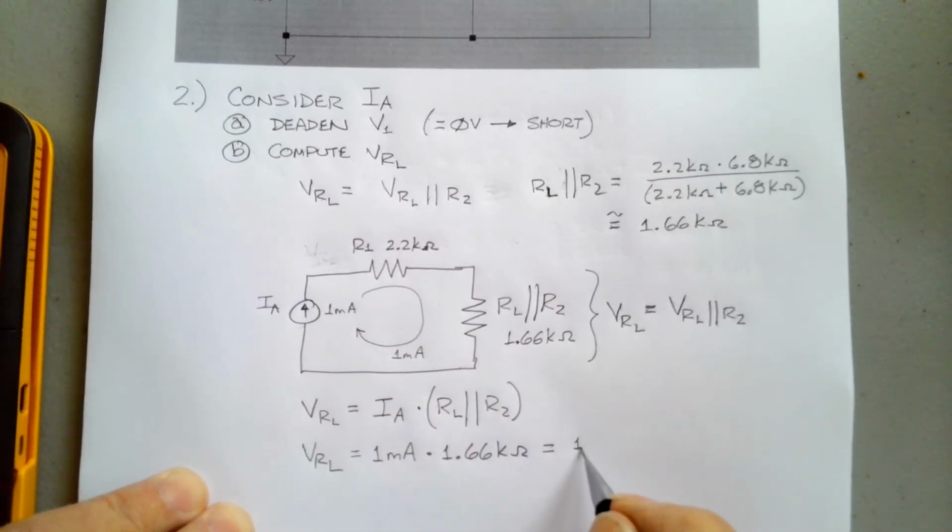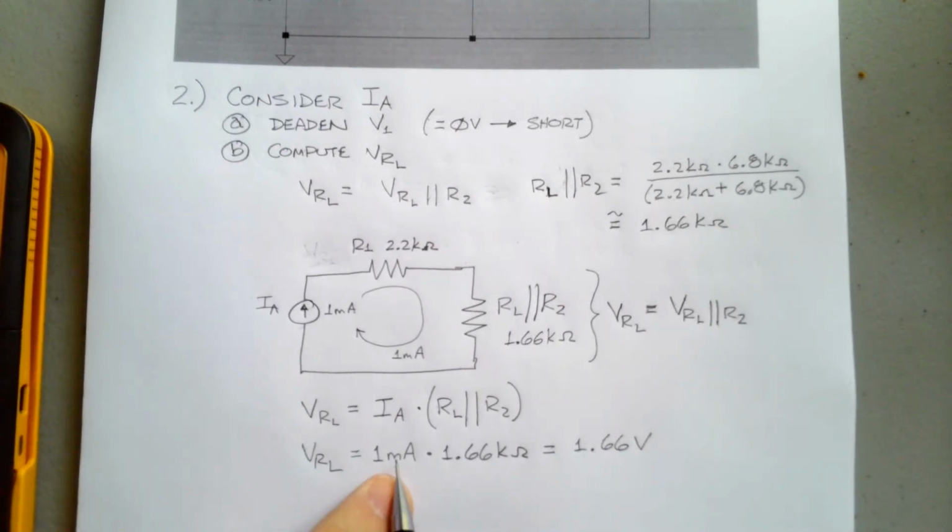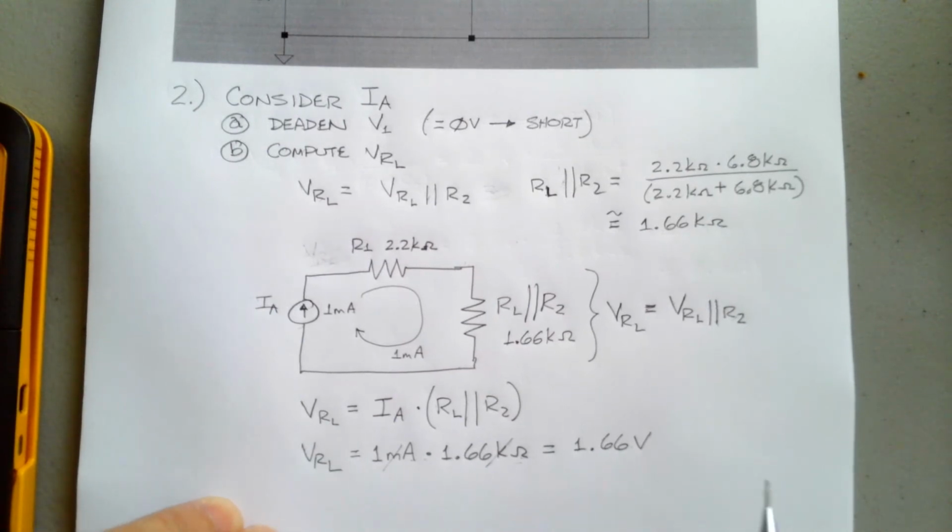That's going to be 1.66 volts. The milliamperes is thousandths of an ampere, the K ohms is thousands of ohms, so the milli and the K cancel each other out, and we just get amps times ohms, which is volts. So we get 1.66 volts.